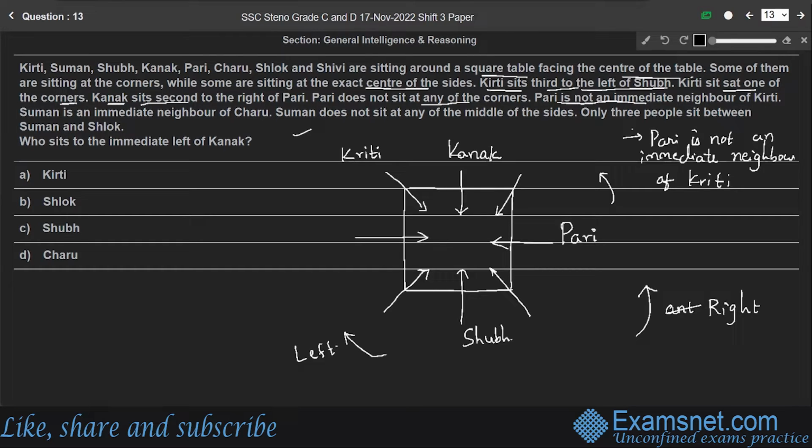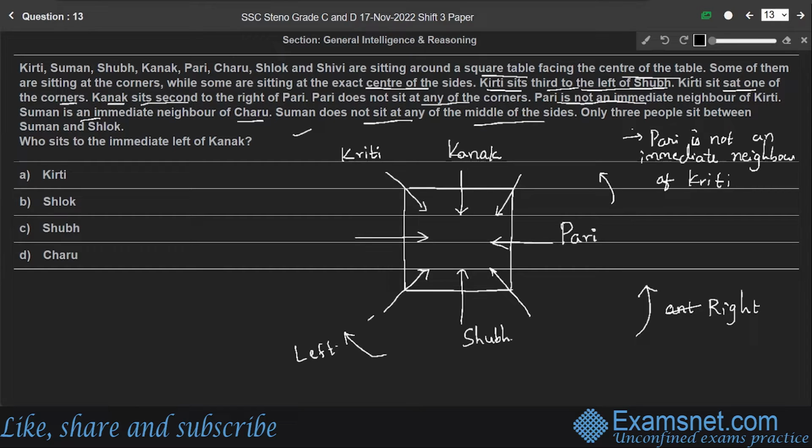Next. Suman is an immediate neighbor of Charu, and Suman doesn't sit at any of the middle of the sides. That means Suman is sitting at the corner and whose immediate neighbor is Charu.